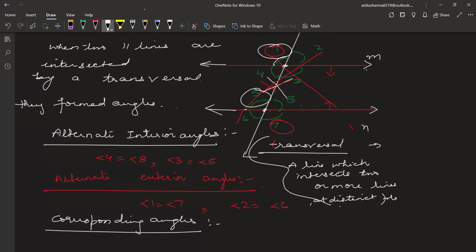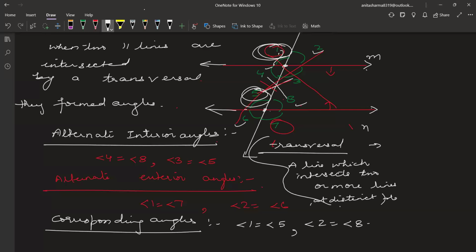Angles formed at above side of the line. So angle 1 will be equal to angle 5 and angle 2 will be equal to angle 8. Clear beta this thing? Yes.